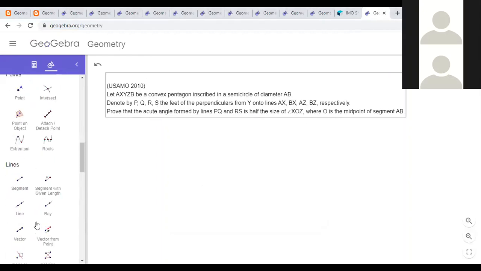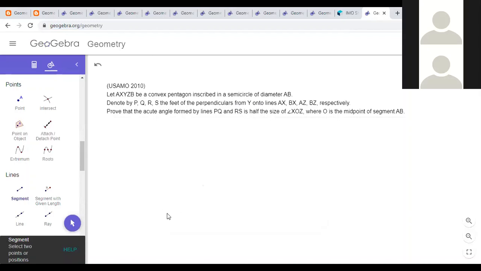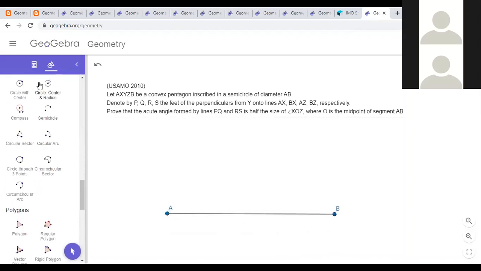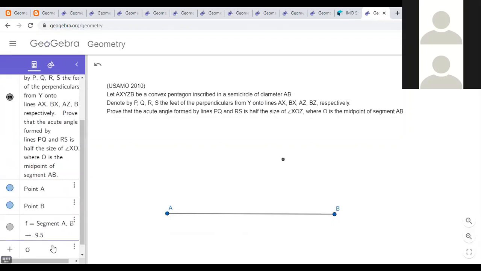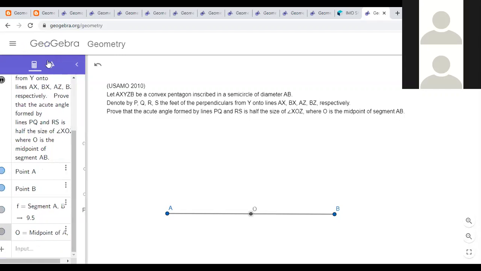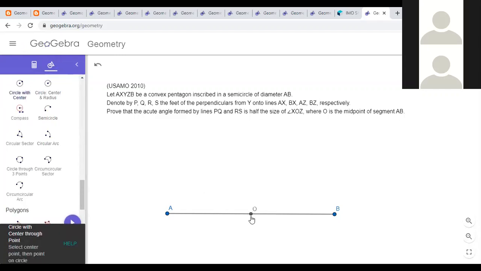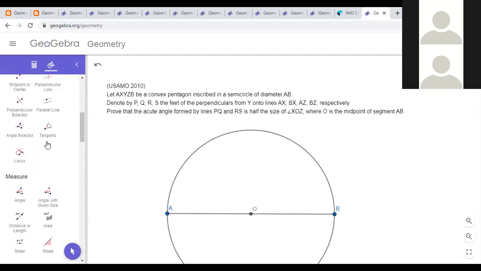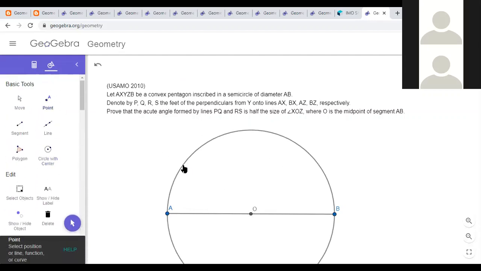Let's draw that semicircle. So here's AB. O is the midpoint. Then let's draw our semicircle. Why not just draw the full circle? So X, Y, and Z are just random points.